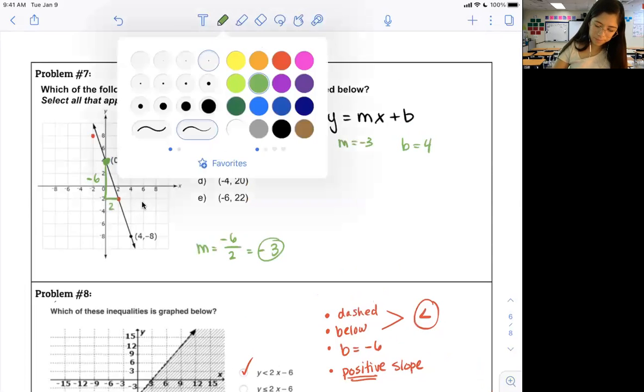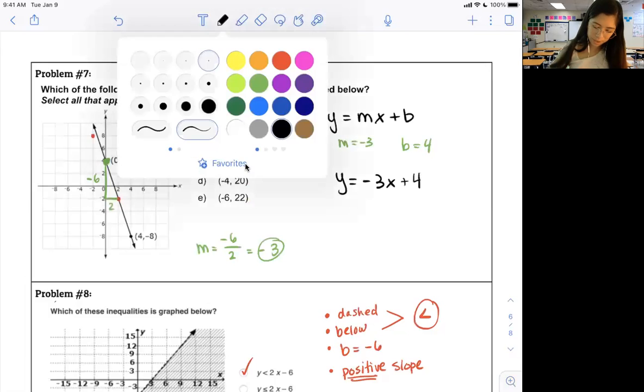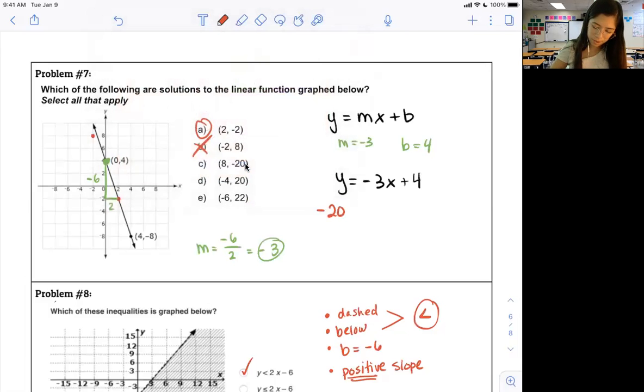Now I have an equation. Now I can plug all these numbers into my equation to see which one works and which one doesn't. So C, I'm plugging in -20 for y and +8 for x. So -3 times +8, that's -24. And -24 plus 4 is -20. So C is in.